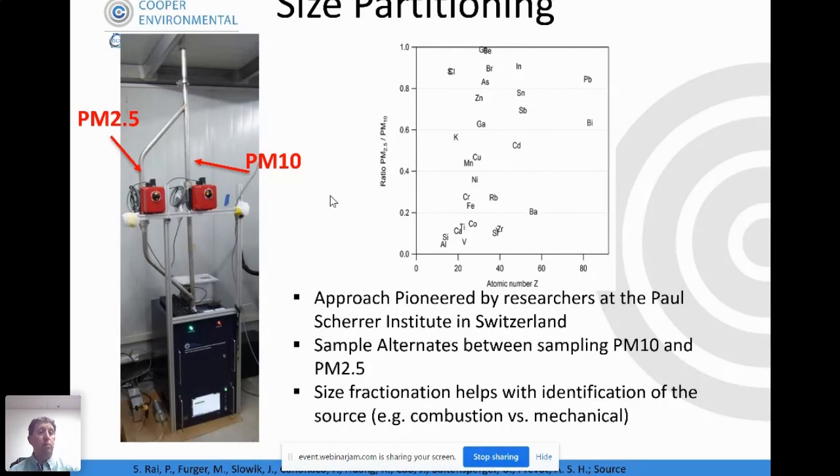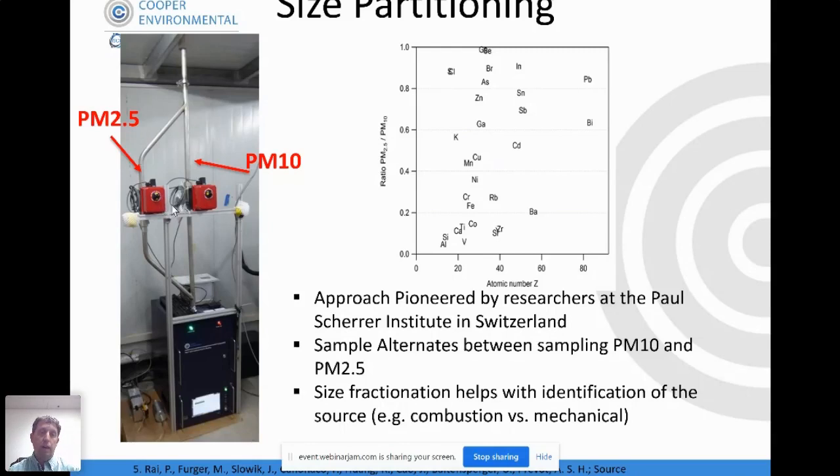So for instance, if an element is present much more in the PM2.5 phase, that indicates maybe its source is more associated with combustion. In the PM10 phase, it's associated more with the mechanical. And what we're able to provide with the Xact is a signal that can be used to toggle the valves that you see here.